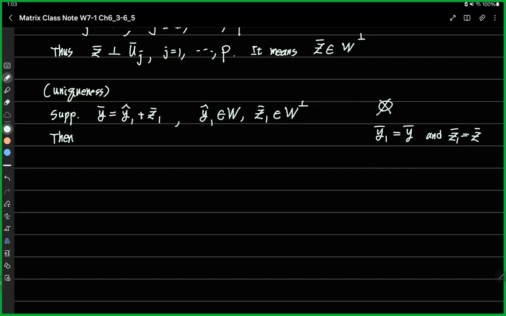So we suppose this, and then blah blah blah, and at the end we got this. That's a symbol of a contradiction.